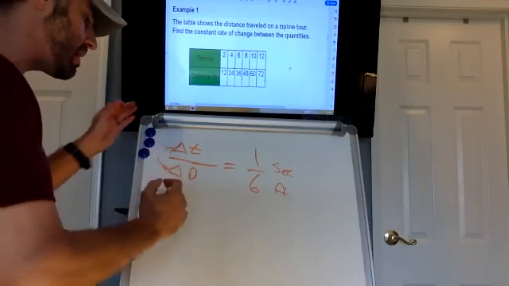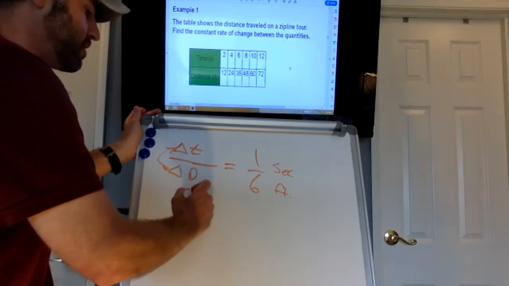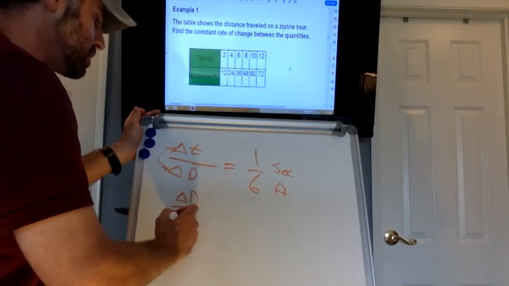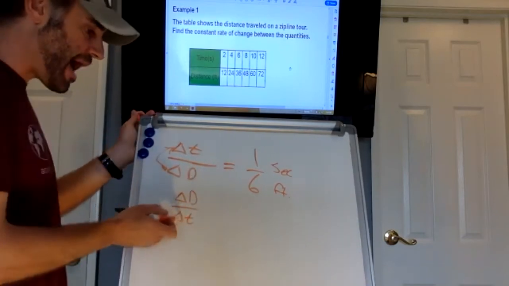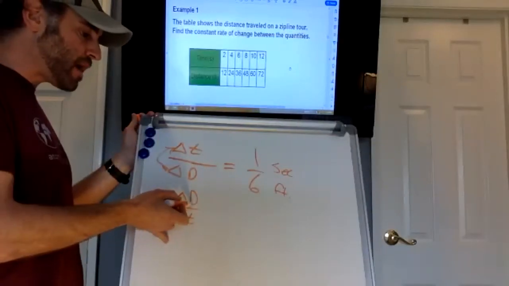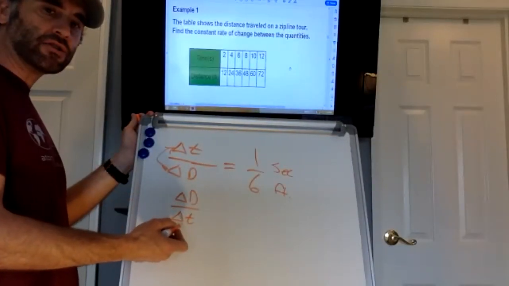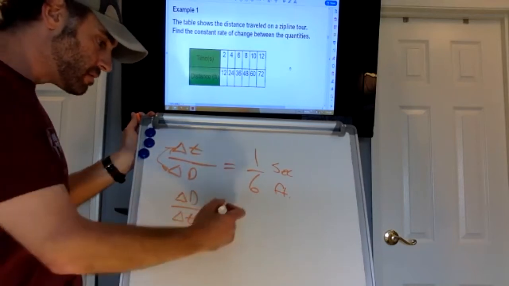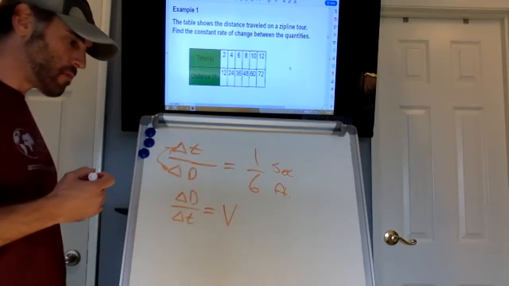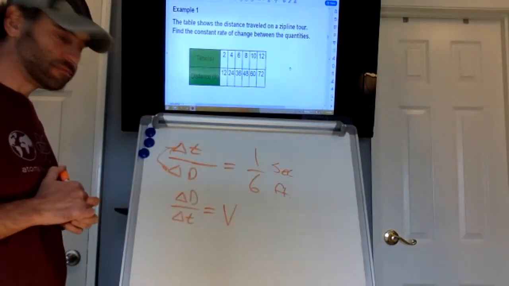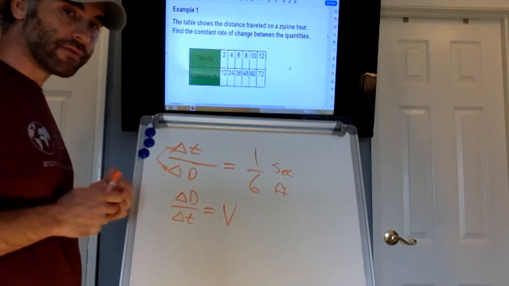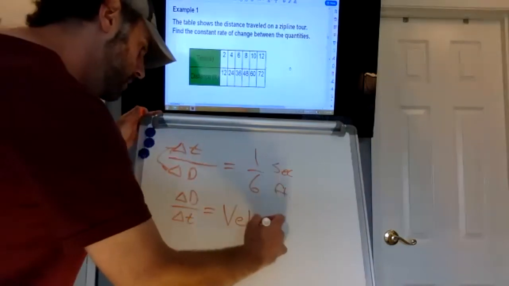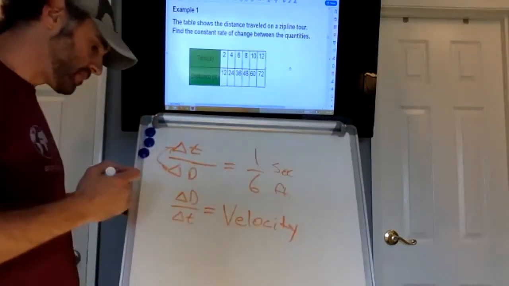As a matter of fact, we talked about that. What in physics is that? When you change your distance or your displacement and you measure how far you went and how much time it took to do that, what are you measuring? Velocity. Right.